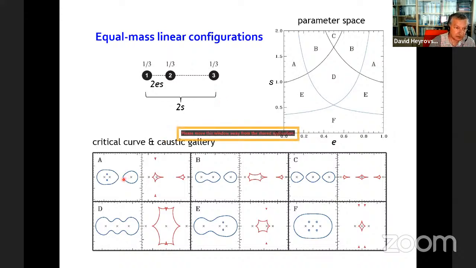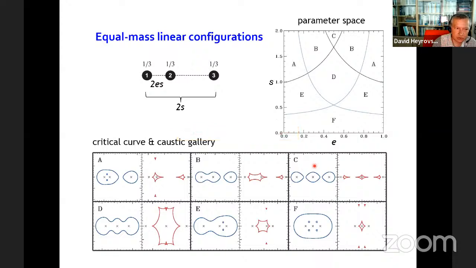And these are regimes where you can see that regime B is one distant lens plus an intermediate binary, one distant lens plus a close regime binary. And of course, this one is one distant lens plus a wide regime binary. So you have these here. So you can go on, look at this and interpret the results here.